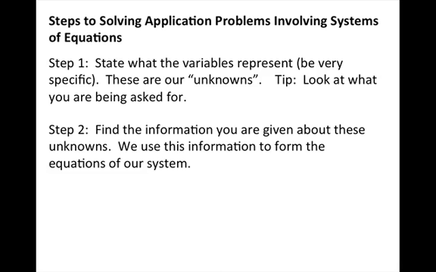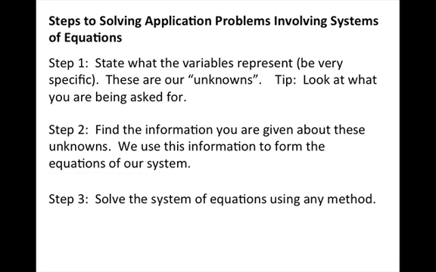Step 2 is find the information you're given about these unknowns, and we're going to use this information to come up with the equations of our system. Then step 3, we're going to solve the system of equations using any method. And finally, step 4, we're going to answer the question that we were asked in the problem.